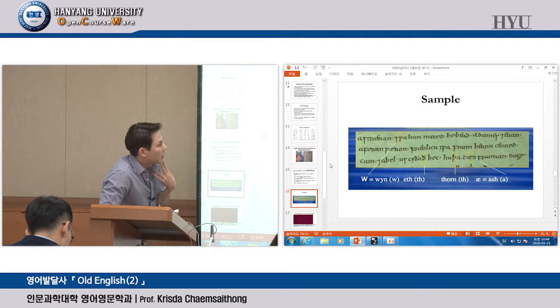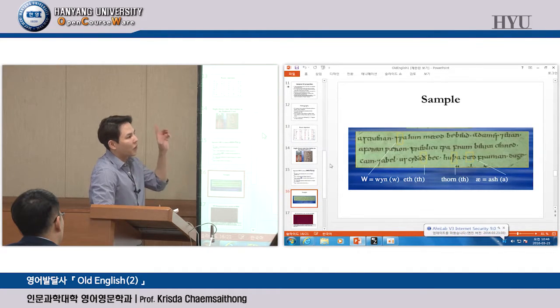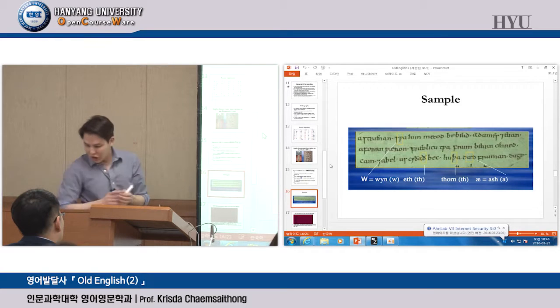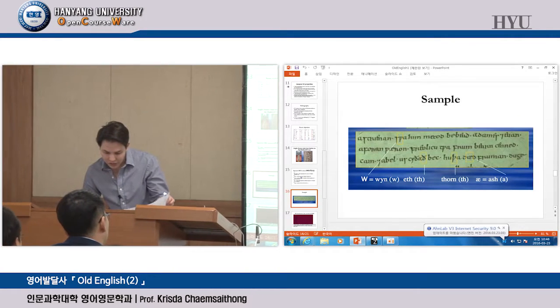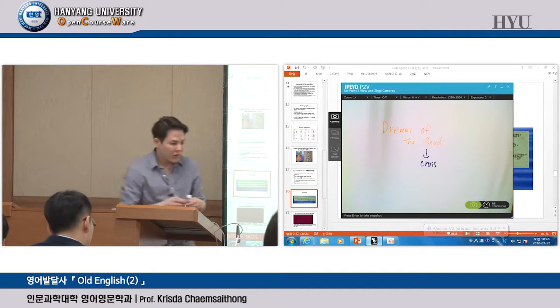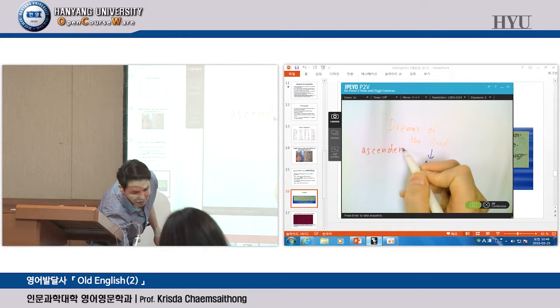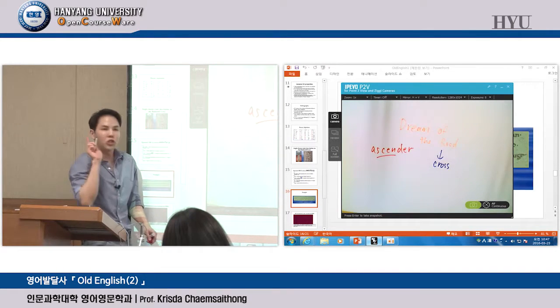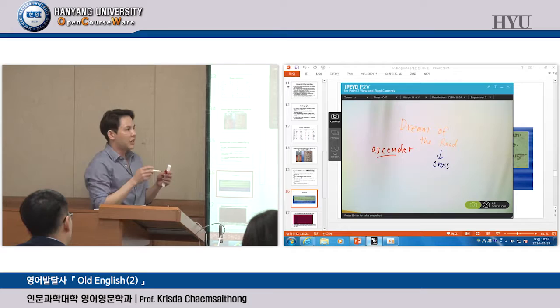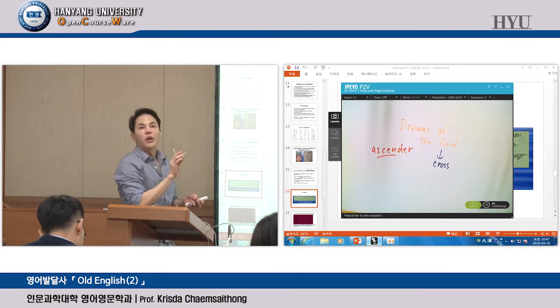And what else? This is the thorn. What's different between the wynn and the thorn is that for the thorn, there's what you call an ascender. Ascender. You know ascend, right? Ascend is to go up. There is an ascender for the thorn, but for the wynn, there's no ascender.